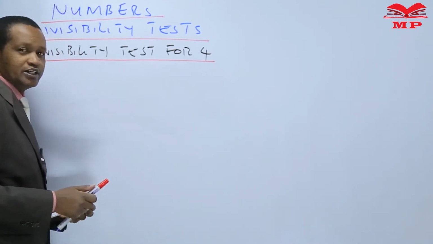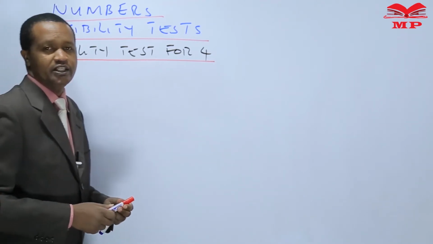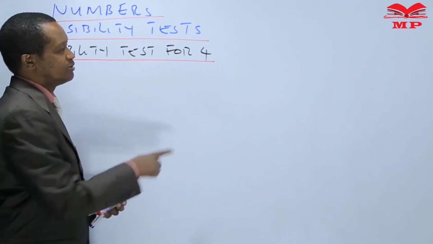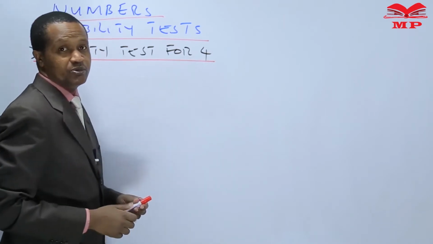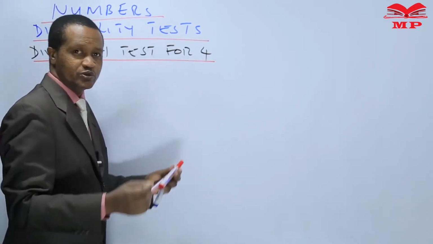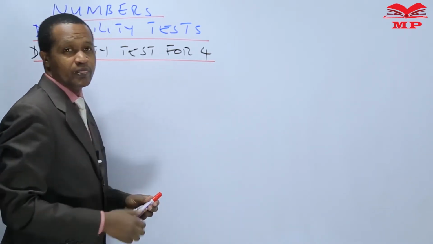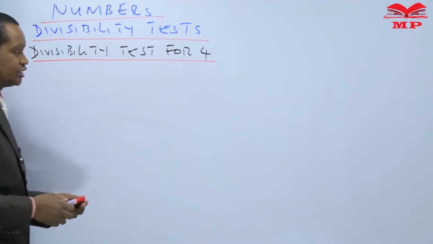I said in our last lesson, a divisibility test is a shortcut that helps us know if a number, for example, is divisible by 4 without carrying out division, without dividing the number using the long method.